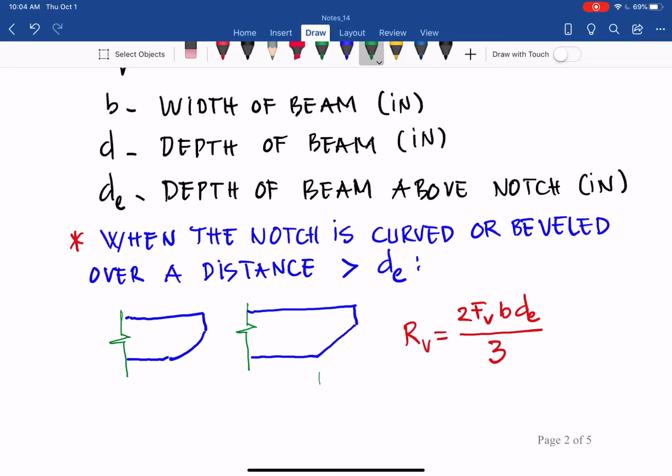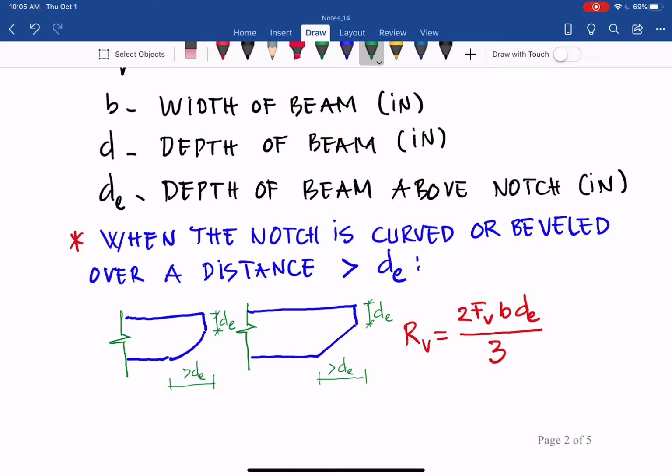The distance here is greater than DE, and DE, by definition, is the depth of the beam above the notch.